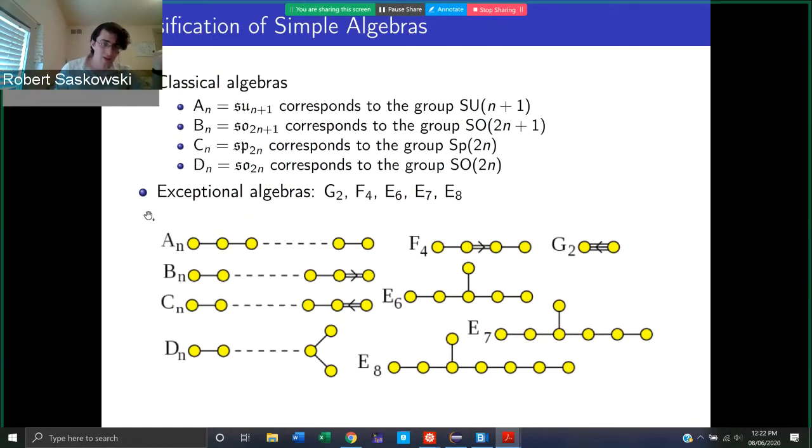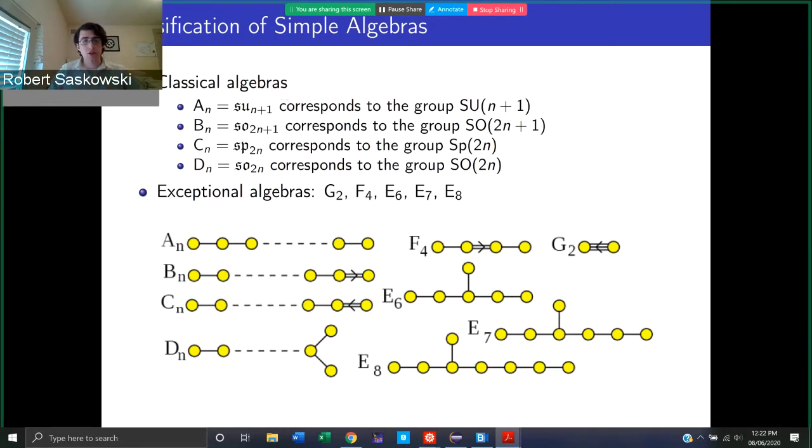In fact, these are all the examples of Dynkin diagrams, because it turns out that simple Lie algebras are fully classified. So there are 4 series of classical algebras. This A_n series is also referred to as 𝔰𝔲(n+1), and it's anti-Hermitian, traceless, (n+1) by (n+1) matrices.